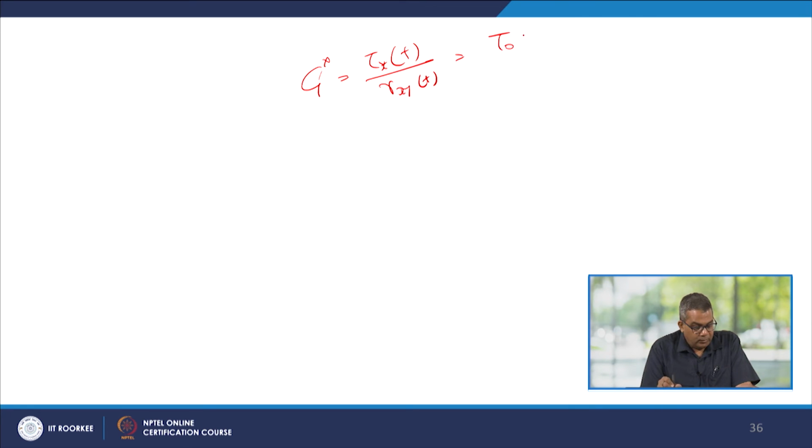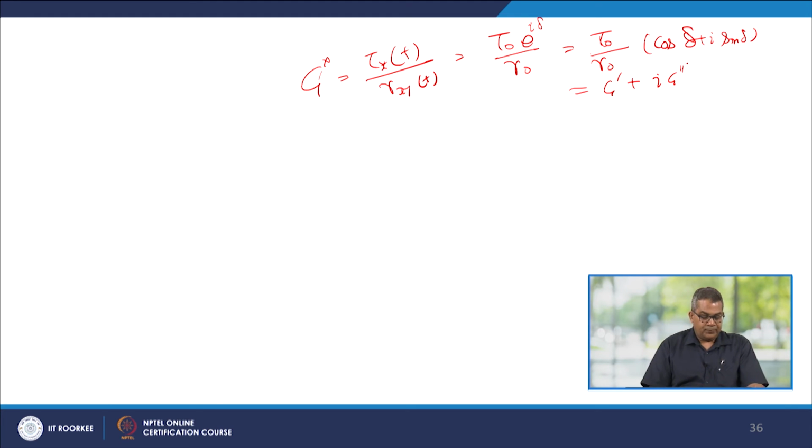This is equal to tau naught e to the power i delta over gamma naught, which is tau naught over gamma naught (cos delta plus i sine delta), and this is equal to G prime plus i G double prime. Now, this is shown in the figure and referred to as a complex modulus, and the length of each vector represents the absolute value of the parameter.